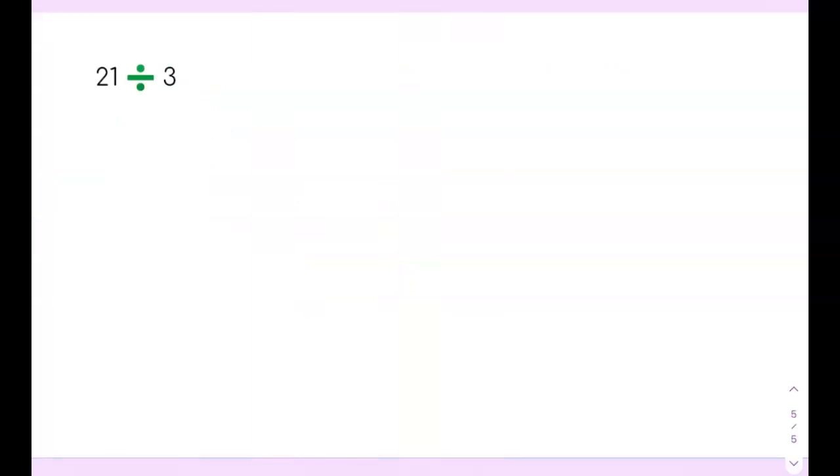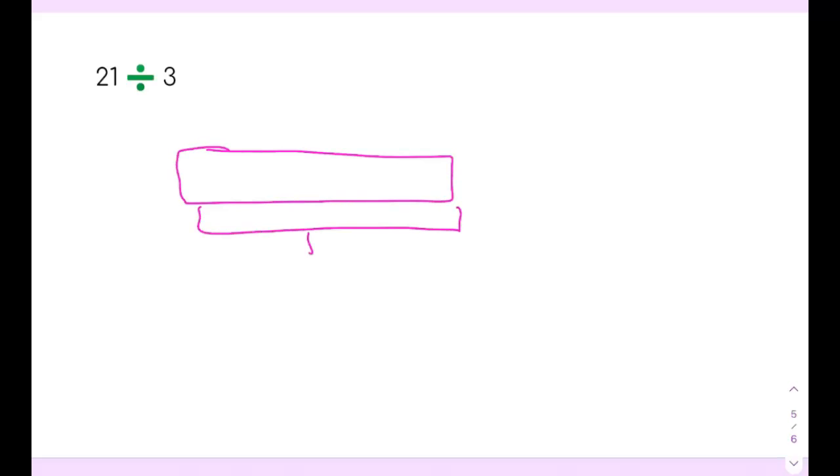Let's try this one. Let's start with 21. And sometimes you have to adjust your tape diagrams. So we're starting with 21. So we're going to have 3 in each group. We know that we have 3 here. So I'm going to skip count by 3s when I add them.